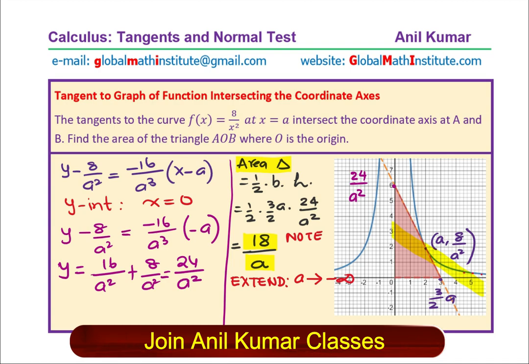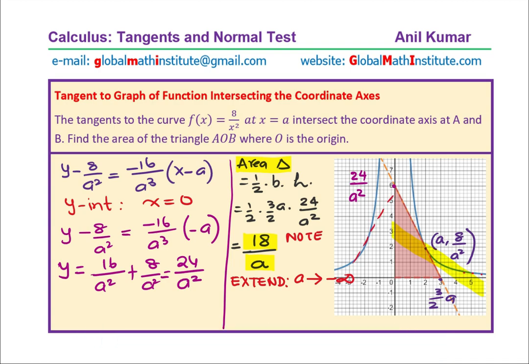Since area is always positive and a could be on this side also, right? So we should take the absolute value of a. Okay? So we'll say the area of this triangle is equal to 18 over the absolute value of a. Make sense?